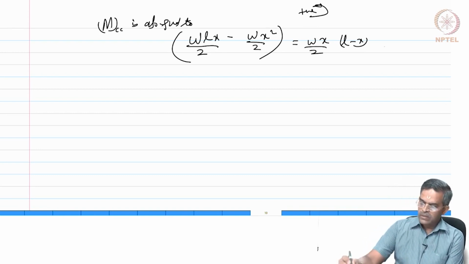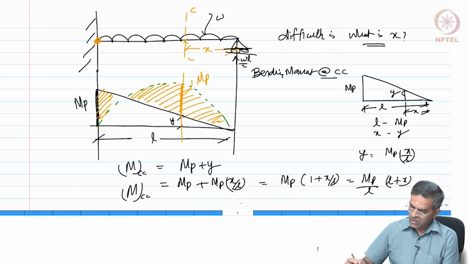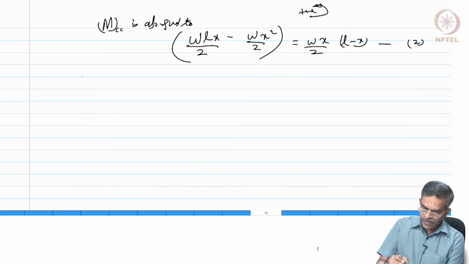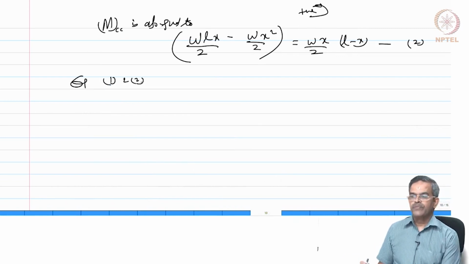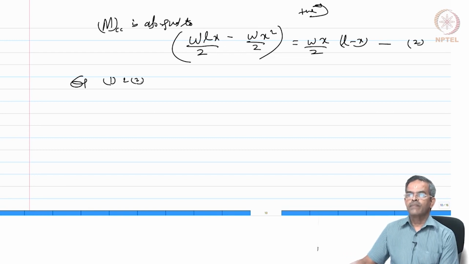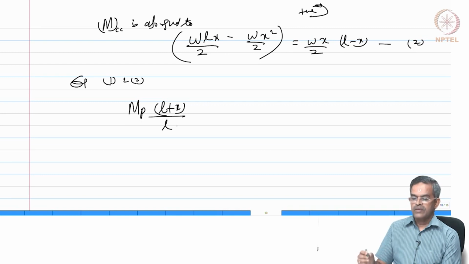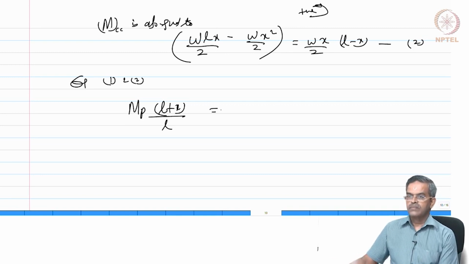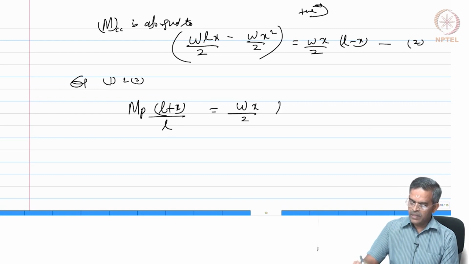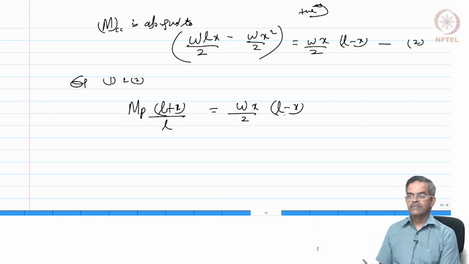So, now this is equation 2, we call the earlier one equation 1. Let us equate 1 and 2. So, we can easily do that. So, MP into (L plus X) by L should be equal to WX by 2 into (L minus X).